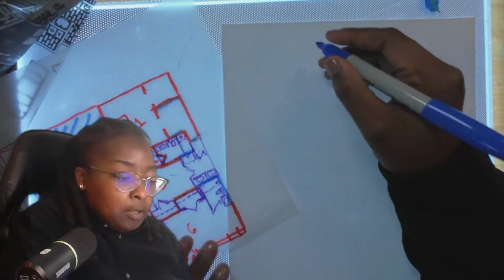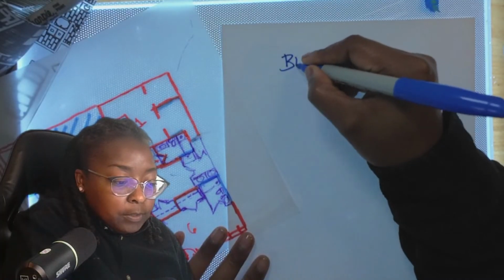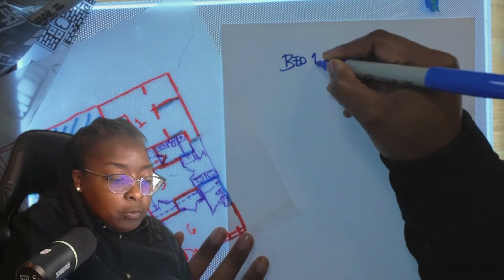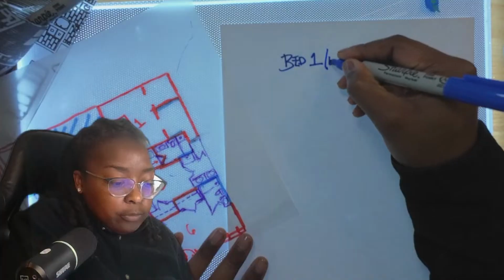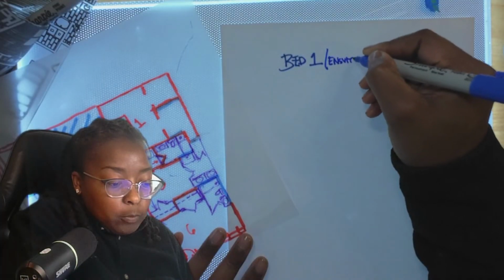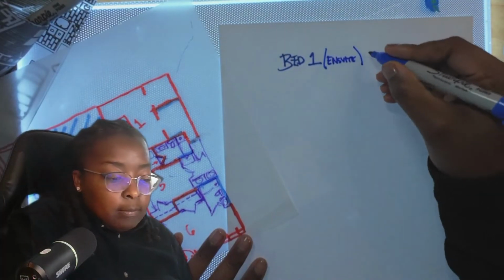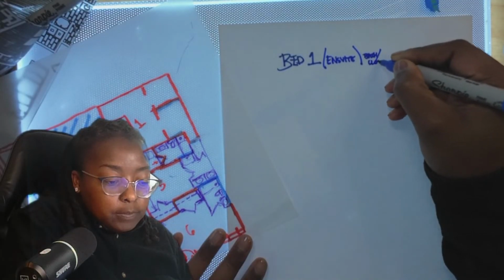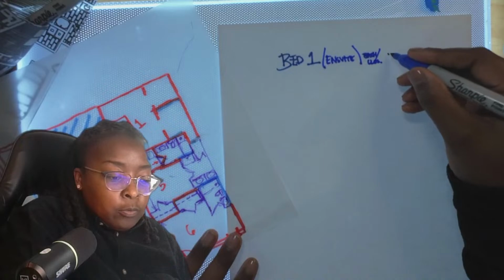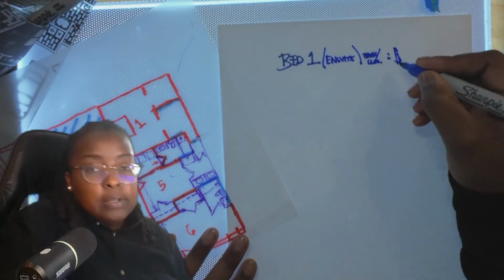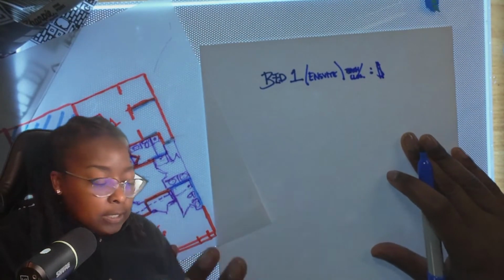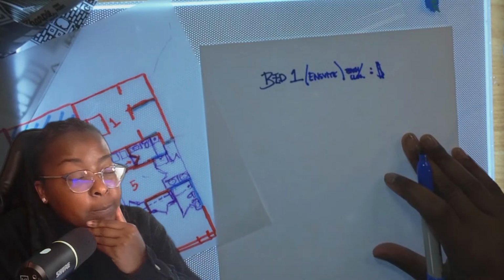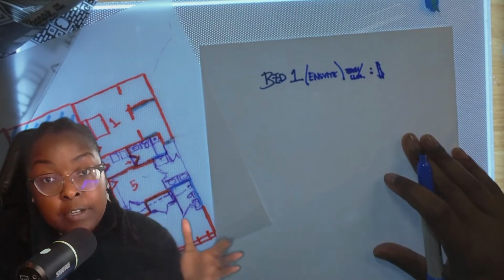So bedroom number one is actually en suite, which includes a bath and a closet, right? I'm gonna do something easy for the numbers.